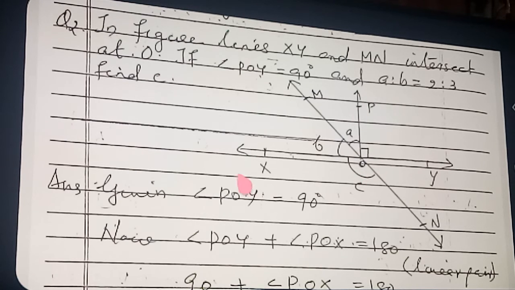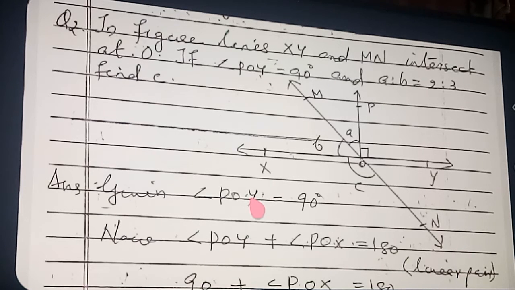They form a line now. POX and POY, because OY and OX non-common arms form a line. Therefore, angle POY and angle POX together form a linear pair.